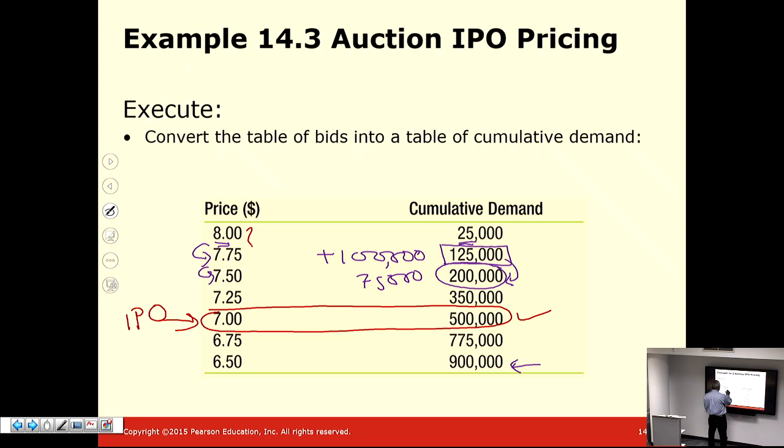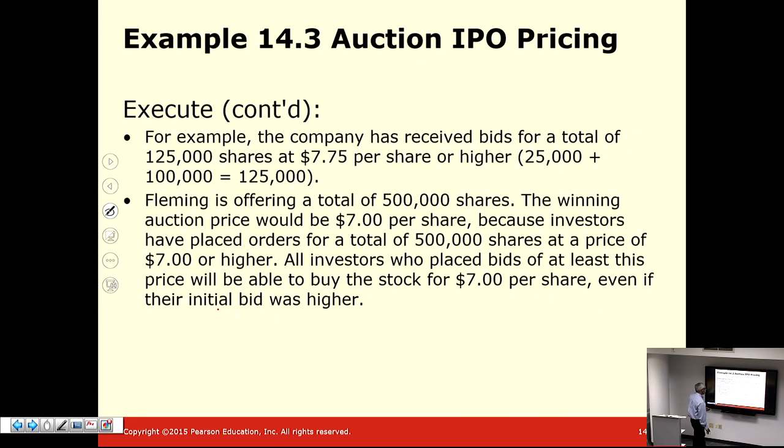Because all of these other bids were higher, obviously they will buy those shares at $7. So that gives me the IPO price at which the auction IPO is cleared in the market. So at $7 per share, all of the shares will be sold. So $7 per share, 500,000 shares, that means I would be able to raise $3.5 million from this offering.